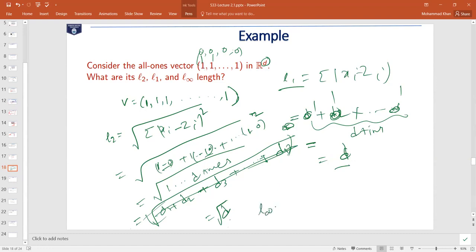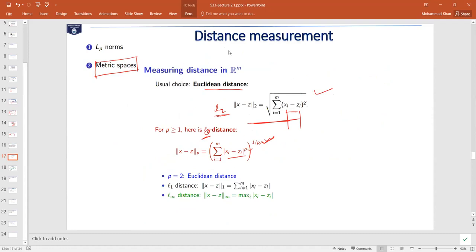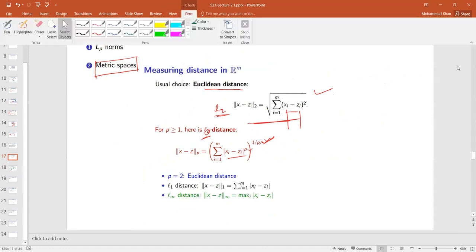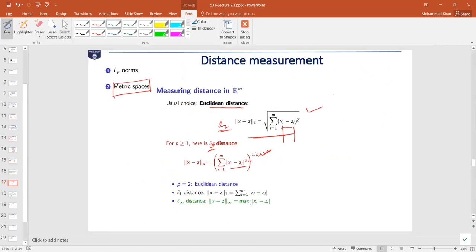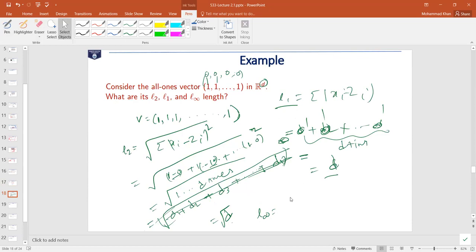Now L infinity is defined in a different way. I think it's also called Chebyshev distance. It is defined as the max over any axis. We know that for all the axes the distance is 1, so the max is 1, so L infinity is 1.